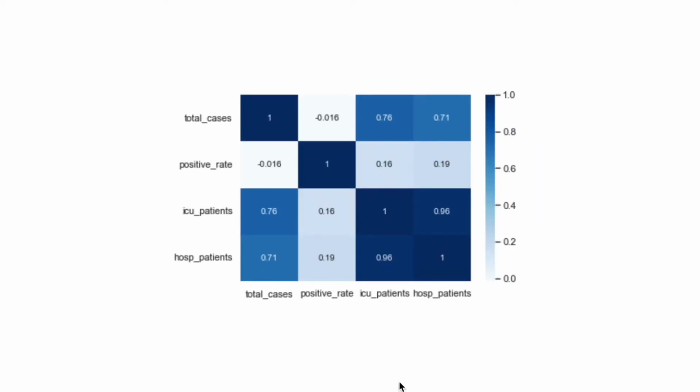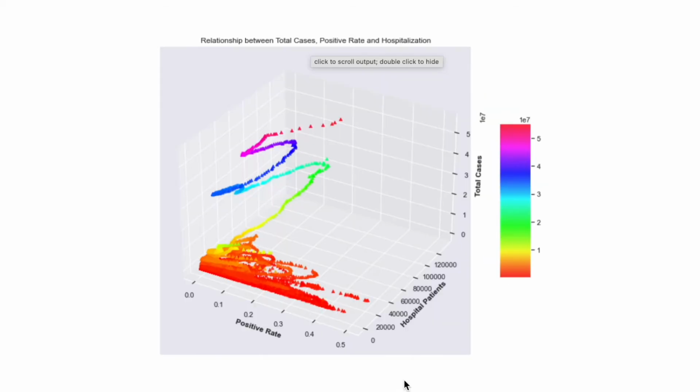This heat map shows the correlation between individuals who test positive for COVID-19 and increased ICU and hospital admissions. The stronger the correlation between the variables, the darker the hue. In this example, we're examining data surrounding total cases, positive rate, ICU patients, and hospital patients. Additionally, we can examine this correlation in greater detail in this 3D scatter plot.